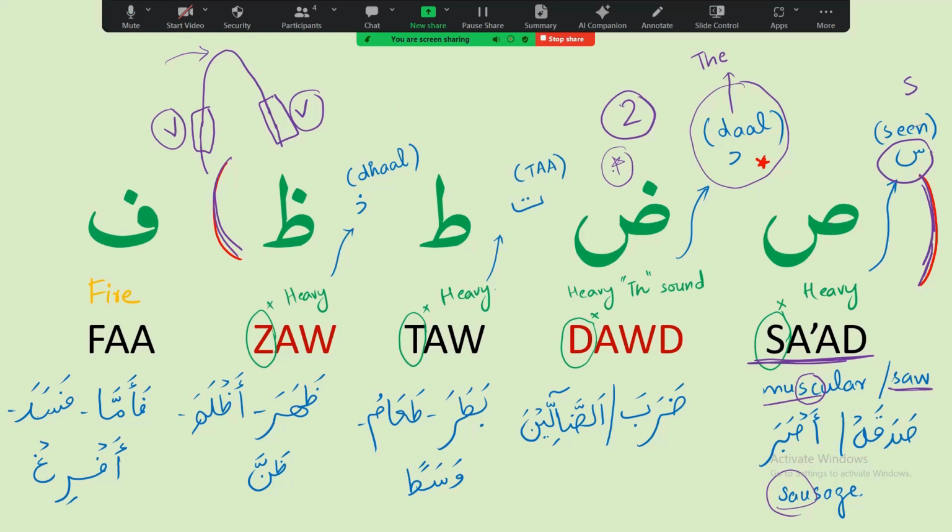Some say Allah, some say Allah. It does not make much difference. The problem comes when you do not use the sides of the back part of your tongue.